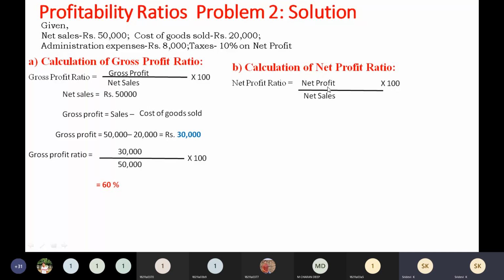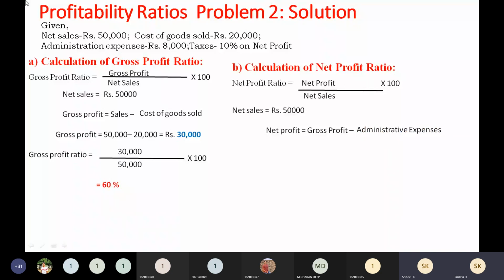Now we require net profit. Net sales is already given directly. How are we going to get net profit? Net profit is equal to gross profit minus administrative expenses.